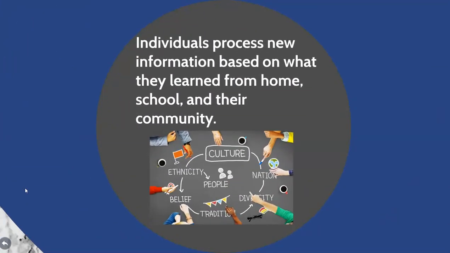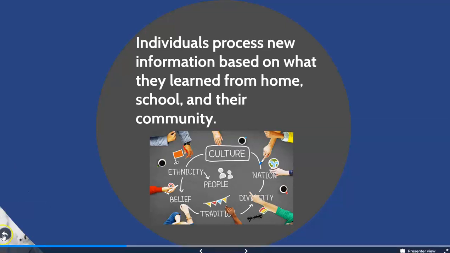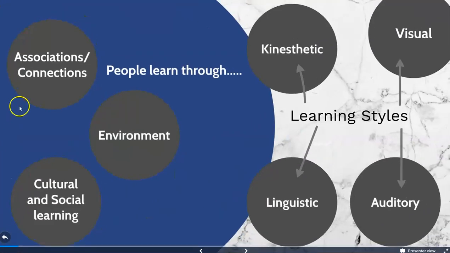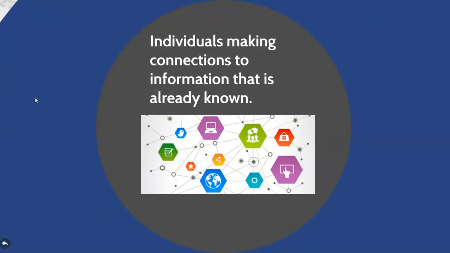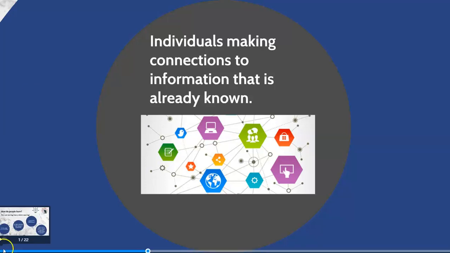So a learner processes the information based on what they learn from home, from their school, from their community all around them. And associations slash connections is how the learner processes the information by what they already have known and making that connection to the unknown.